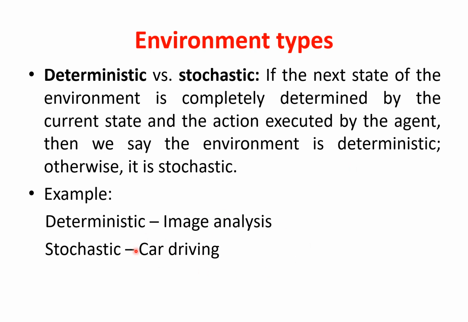For example, car driving, where factors like traffic, weather, and other drivers introduce uncertainty in outcomes. Understanding whether an environment is deterministic or stochastic influences how agents make decisions and plan their actions.